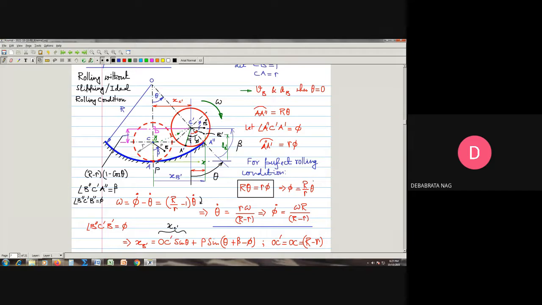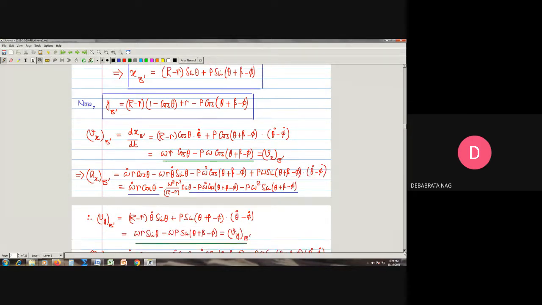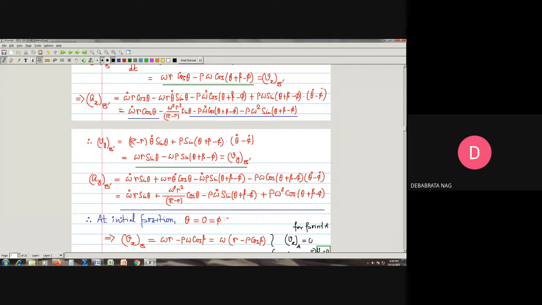So you need to make double substitution. To arrive at the initial geometry, you need to substitute this double substitution. That means you need to put theta and phi both to be 0 in the above expressions. So if you do it, you see Vxb turns out to be as, this was Vxb dash.